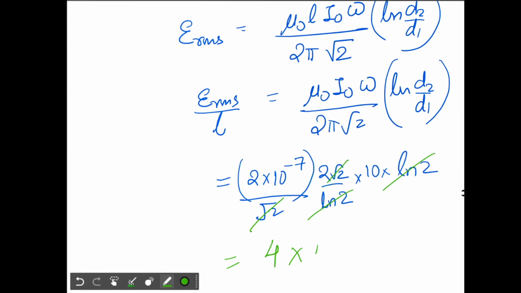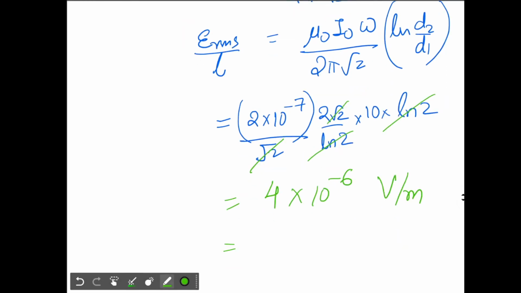So 4 into 10 power minus 6 volt per meter, or 4 microvolt per meter.